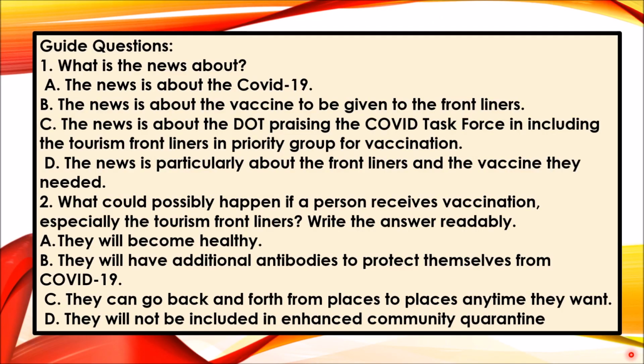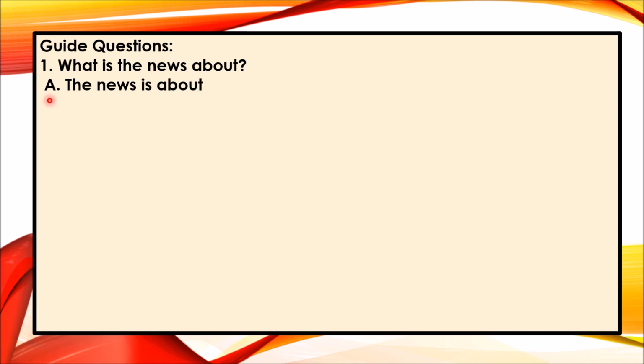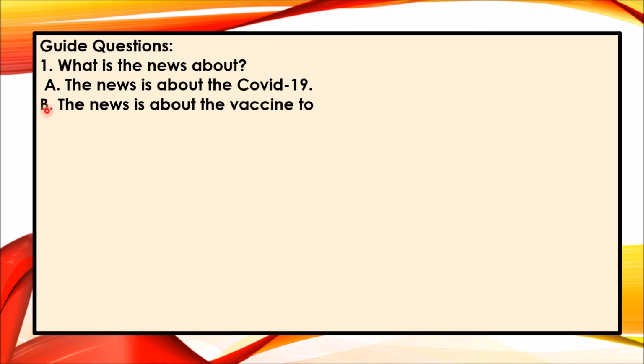So these are the questions. The first question is, what is the news about? A. The news is about the COVID-19. B. The news is about the vaccine to be given to the frontliners.